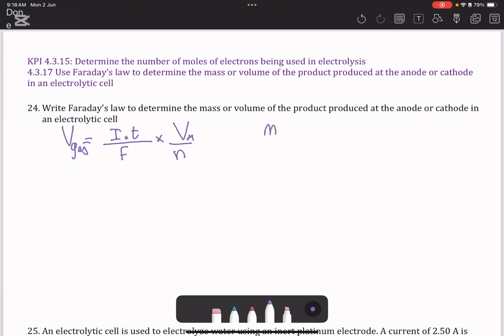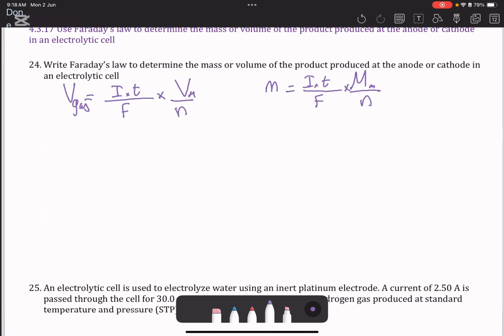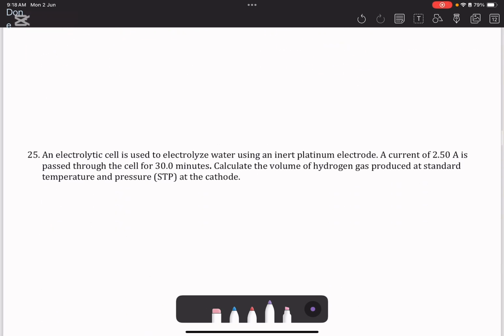Now, if we're dealing with a metal, in this case not a gas, there's another formula, which is the mass of the metal obtained at the anode or cathode, equal to the current times the time divided by Faraday. And here, instead of molar volume over mole, we say molar mass over mole of electrons per mole of metal or gas. So that's the formula.